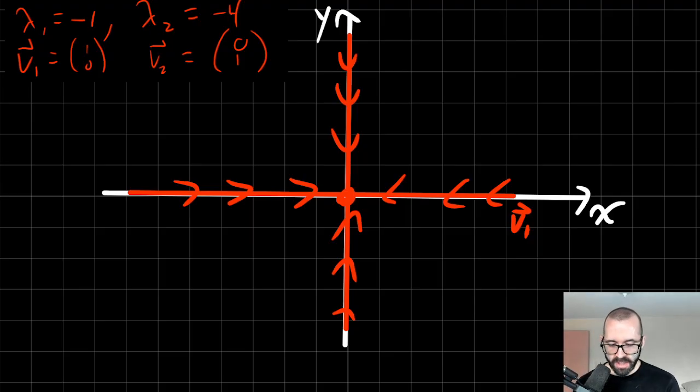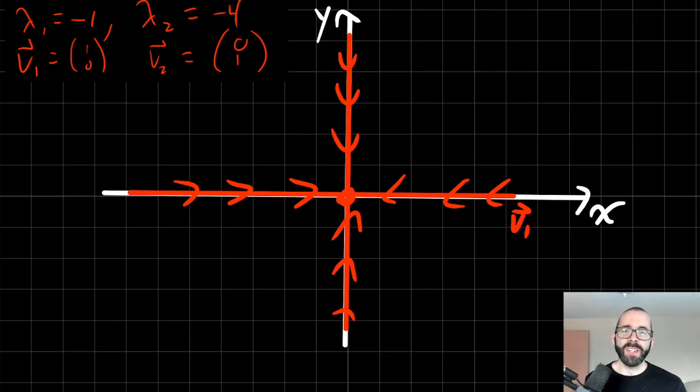Now, what we should expect is no matter where we start, we should go to the equilibrium. Now, you don't know whether we go to the equilibrium like this or whether we go to the equilibrium like this. You don't really know that yet. I actually do know that, and we'll talk about why we know that soon.